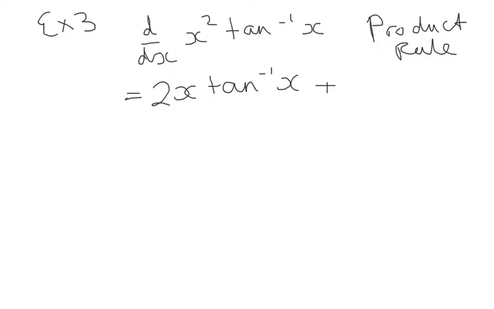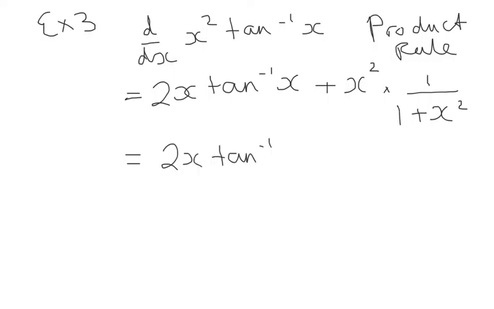Then add x squared, left alone, and multiply by the derivative of inverse tan using the formula 1 over 1 plus x squared. Tidy up the terms: 2x inverse tan x plus x squared over 1 plus x squared. That's our answer.